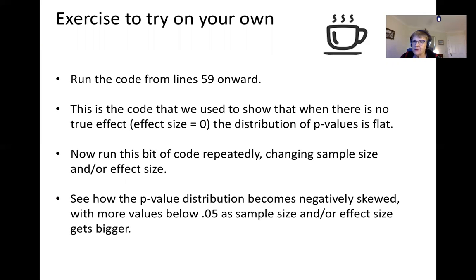In other words, the p-values are bunched up towards zero. But what you will see is that that skew is rather weak. It's induced very weakly with small sample sizes and small effect sizes. But you need to play with that to get a sense of how the p-value distribution shifts with those variables.